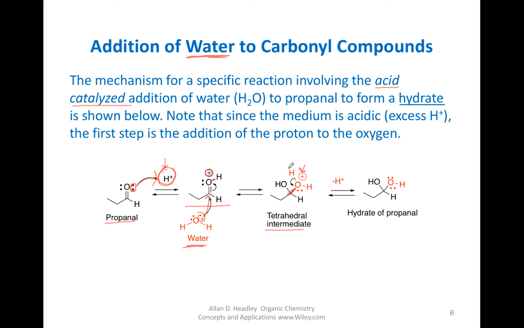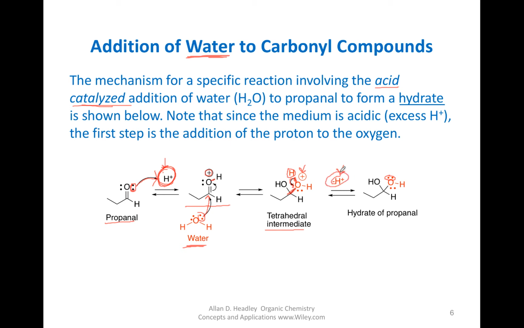We can lose this proton here by taking these electrons as the arrow indicates and bond and put it on the oxygen here to get back our neutral molecule and generate H+ again. So that is why it's called acid catalyzed, because H+ is used in the first step, but it is generated in the final step.